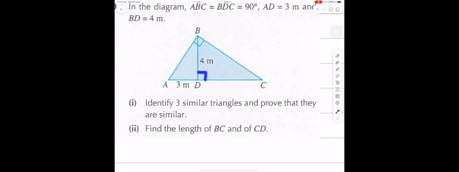So if you look at the triangle, this angle is 90, B is also 90. That is given because of these squares. So first we consider ABD, and we will try to prove that it is similar to ACB. So if you look at the first triangle, that is ABC, angle B is equal to angle D because both of these angles are 90 degrees.